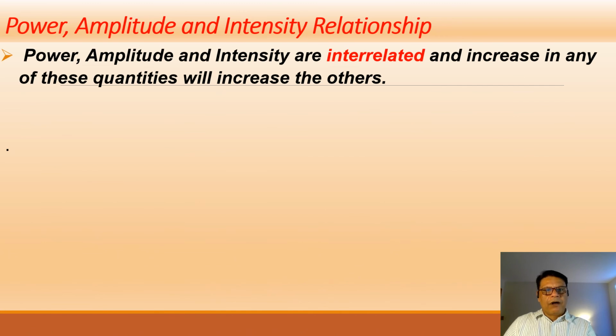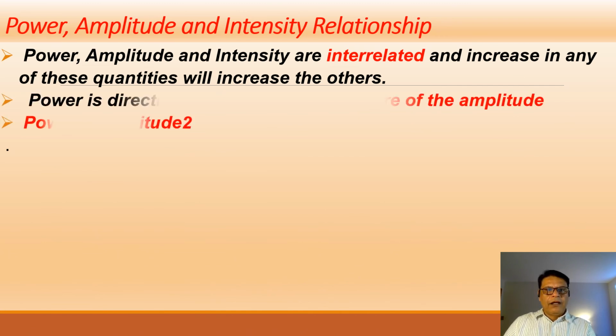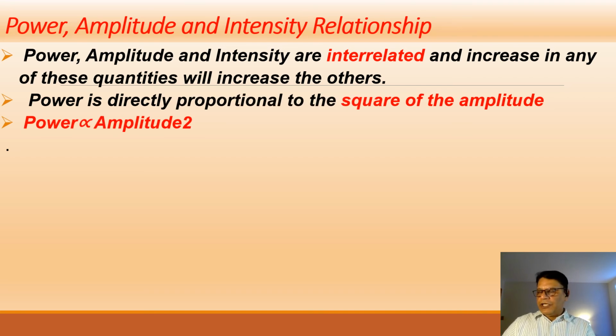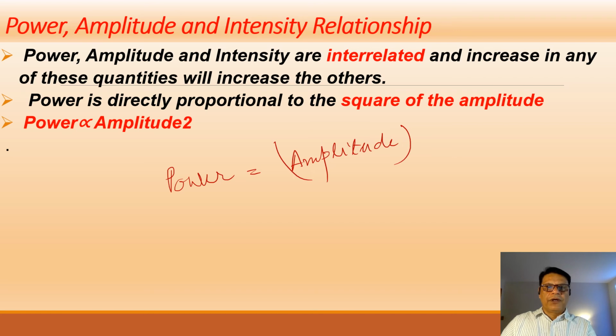We discussed that power, amplitude, and intensity are interrelated, and any change in one parameter can affect the other one. To calculate the power, you need the amplitude and make it square.